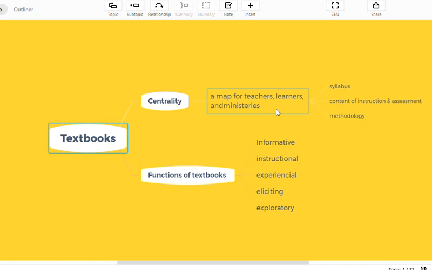And also teachers usually prefer to use textbooks, or previously designed and developed textbooks.